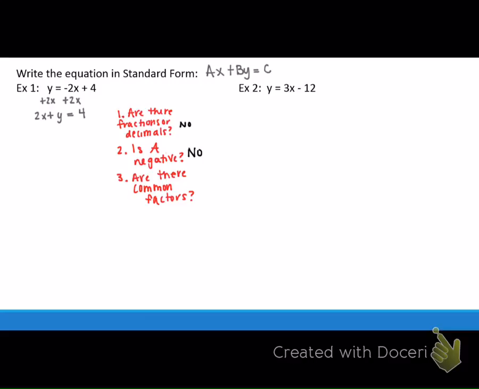If we divide stuff by 1, what's going to happen? Nothing's going to happen, right? So if 1 is the biggest number that goes into all three, then you don't have any common factors. So we're good there, and you're in standard form. Go ahead and get that written down and see if you have any questions for me. That's the checklist I want you to go through once you have all your variables on the same side.